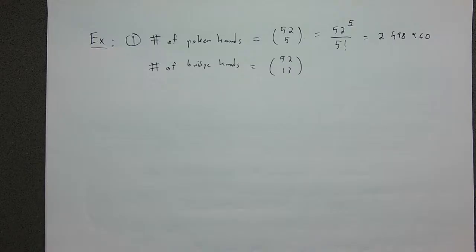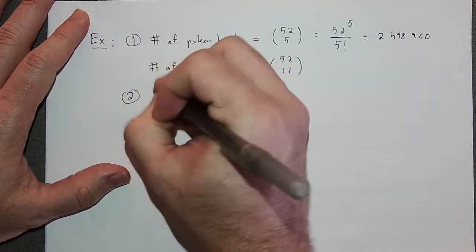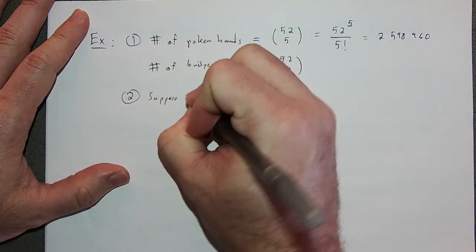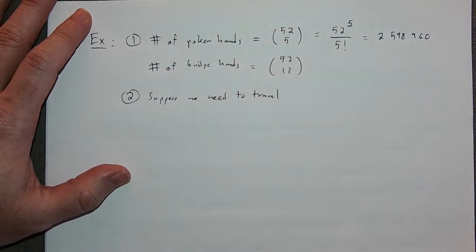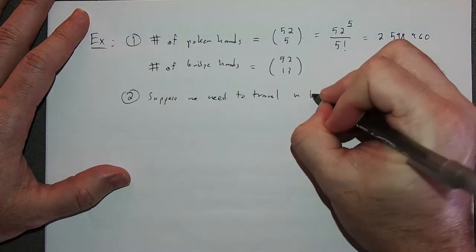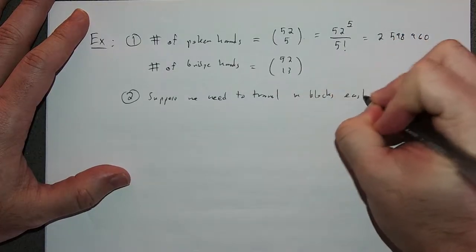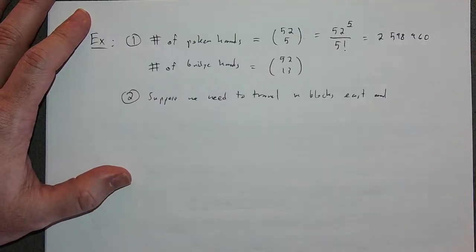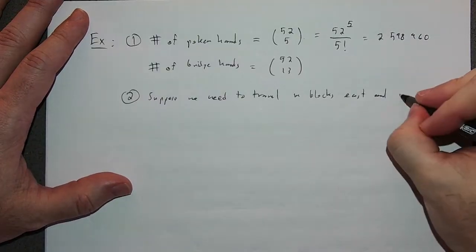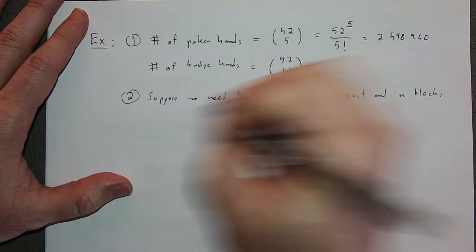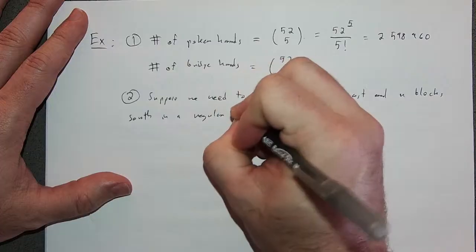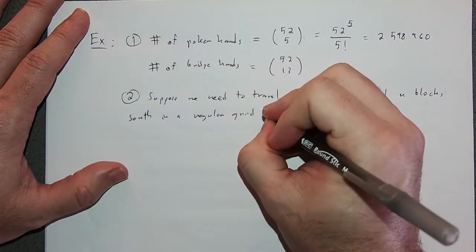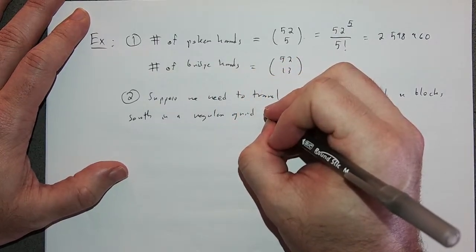Let's do another. Suppose we need to travel m blocks east and n blocks south in a regular grid of city streets.